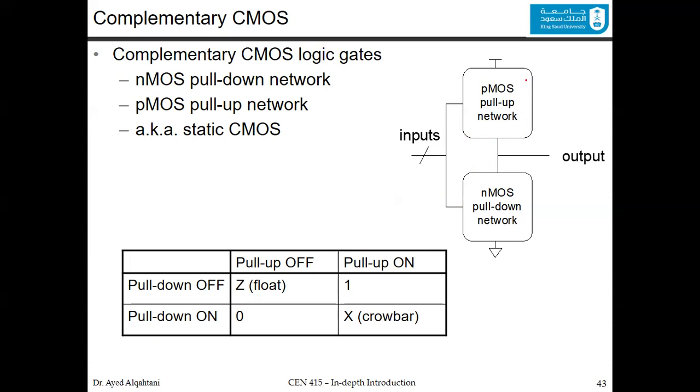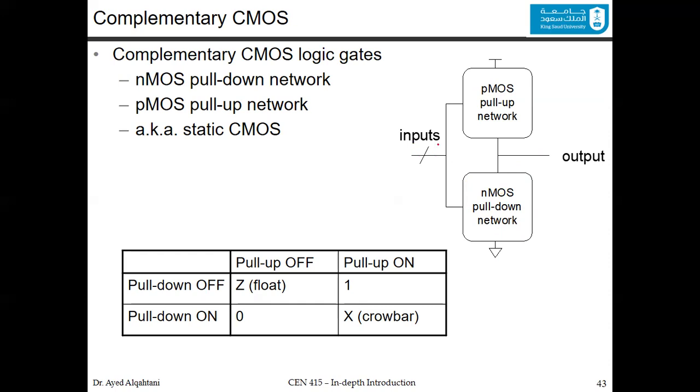The pull-up network has only PMOS, and it is connected to the VDD in one part and to the output in the other part. We also have the pull-down network, which consists of only NMOS, and it is connected to the ground in one part and to the output in another part.